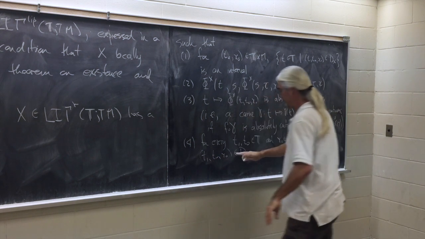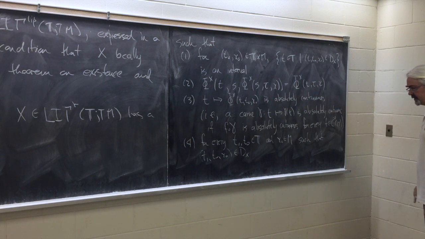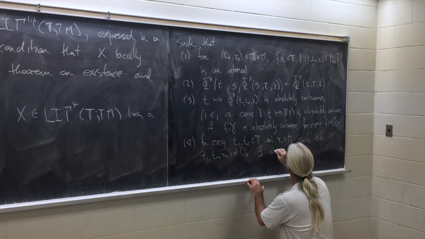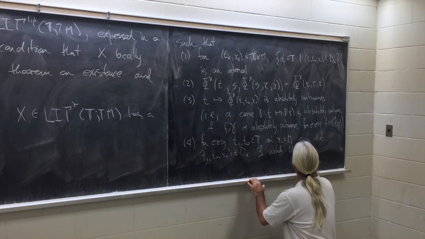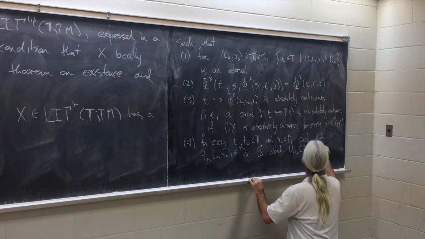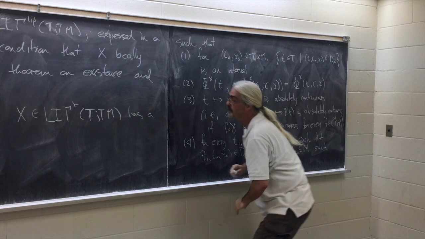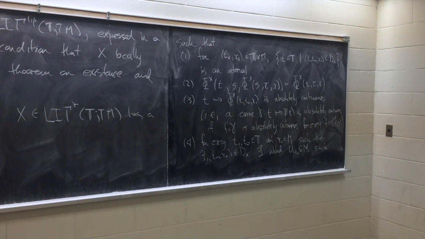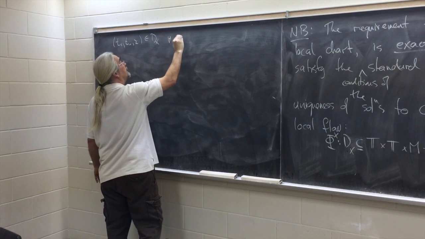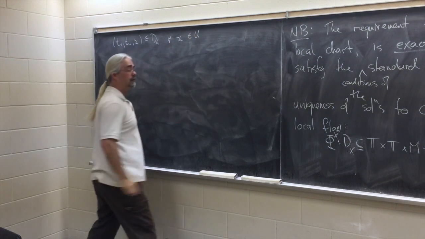I meant to say, for every T1, T naught, and X naught in D sub X, there exists a neighborhood U of X naught such that T1, T naught, X is in E for every X in U.